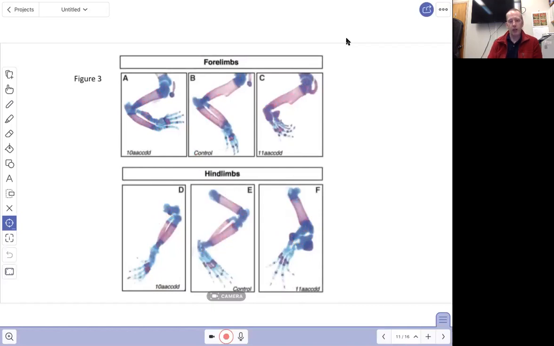The other thing they point out in this example is that where a normal mouse would have a patella, a kneecap, right there, that doesn't develop in the HOX10 mutant. So basically, the HOX10 and the HOX11 paralog groups are required for patterning the stylopod for HOX10 and the zeugopod for HOX11.